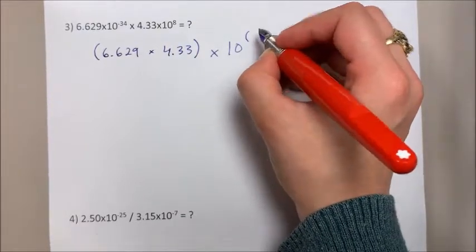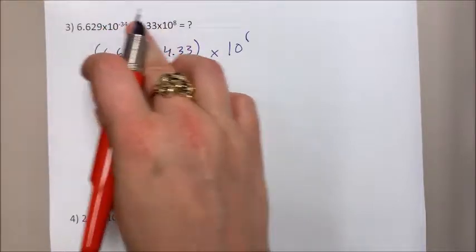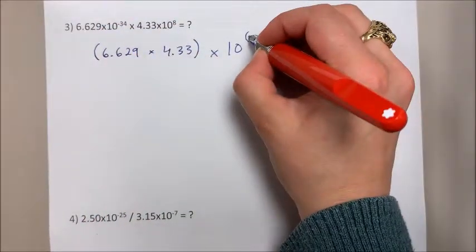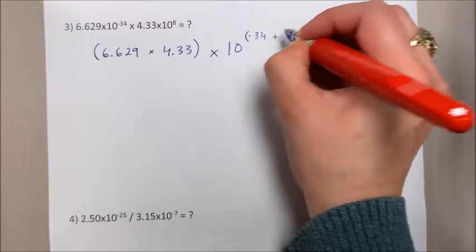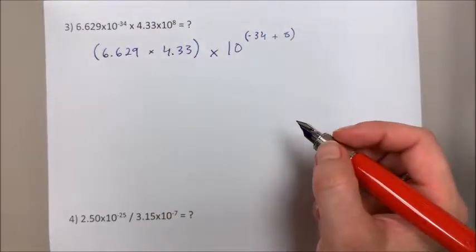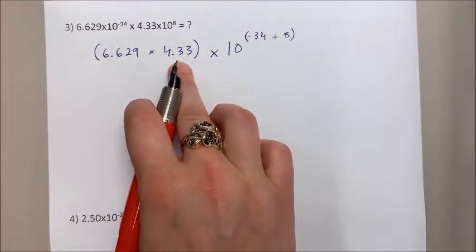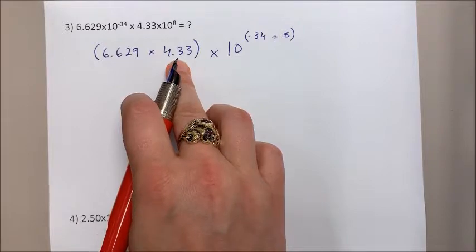Now in our parentheses here, we're going to deal with our powers of 10. When we are multiplying, remember we add the powers of 10 together. Negative 34 plus 8. Now we can just crunch what's in our parentheses separately. For the decimal portion, we're going to need to round to 3 significant figures because our weak link has 3 sig figs.